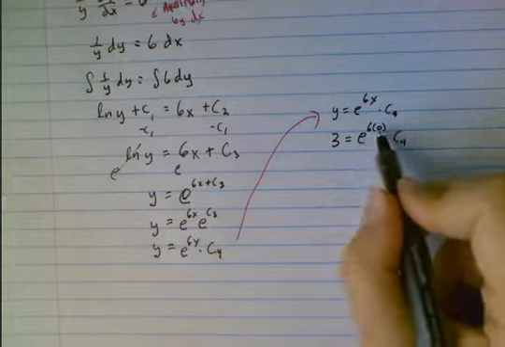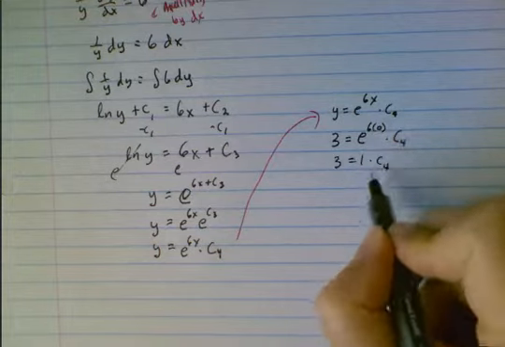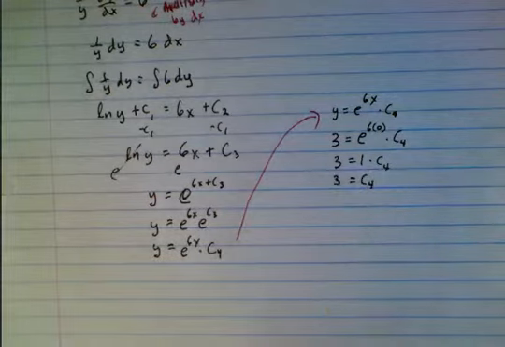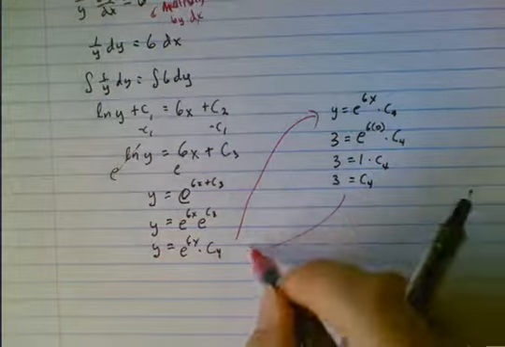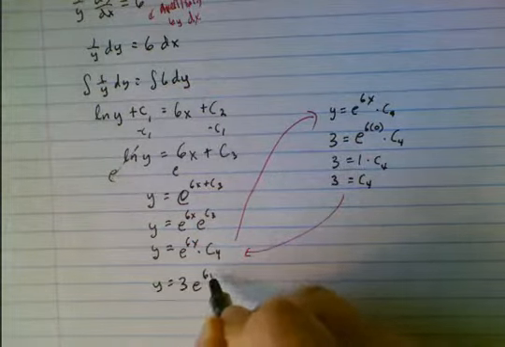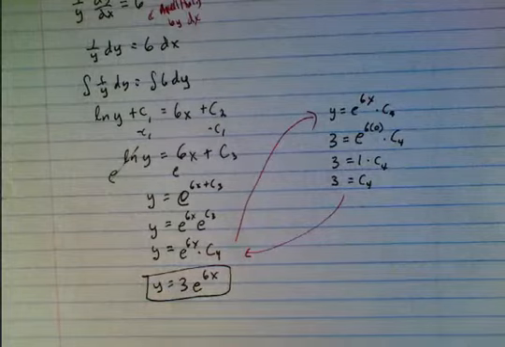So e to the 6 times 0 is e to the 0. Anything to the 0 power is 1. c4 equals 3. And there we go. y equals 3 e to the 6x. This concludes these notes.